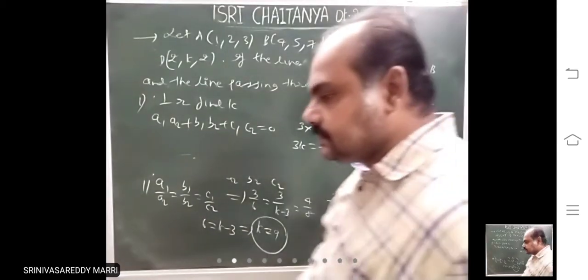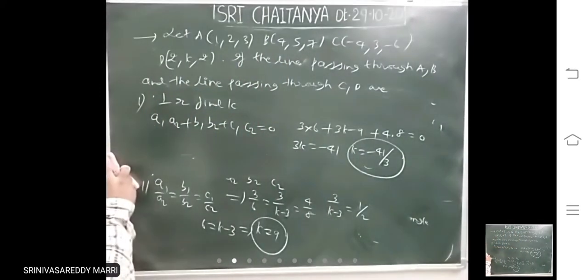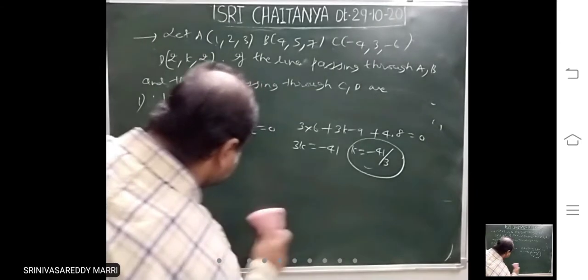So this is when DRs are given, right? There will be a formula when DCs are given.